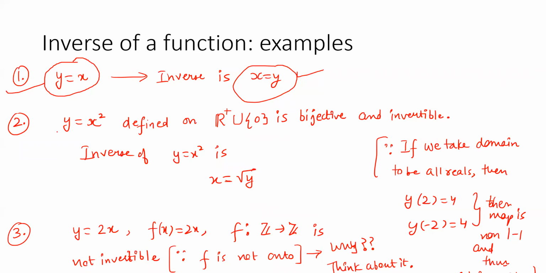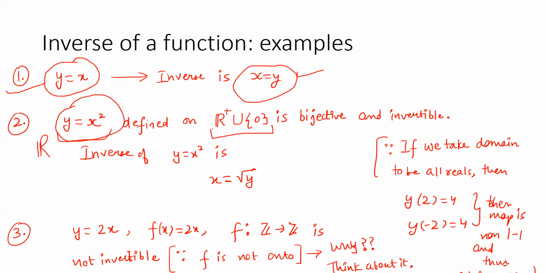And then you talk about y is equal to x square. So I define y is equal to x square on this domain: positive reals including 0. Otherwise, the domain of this function is all reals. x can have any real value.